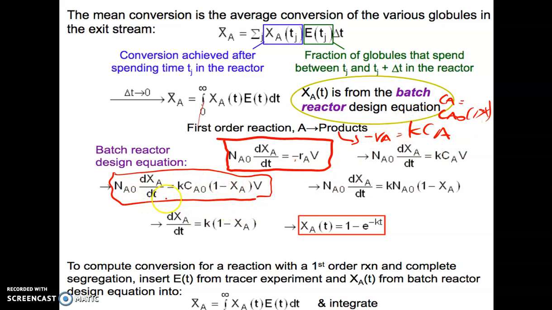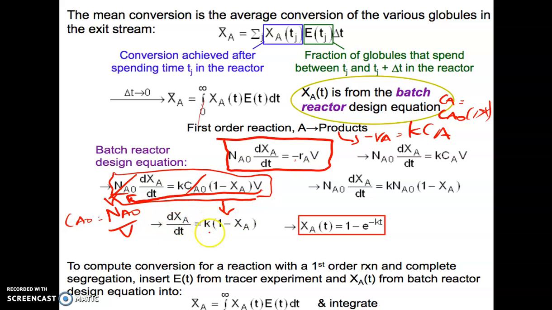You also have to know that C_A0 is N_A0 over V. When you bring this here, it will be over V, so the C_A0 will cancel out, and in the end you will end up with this equation.